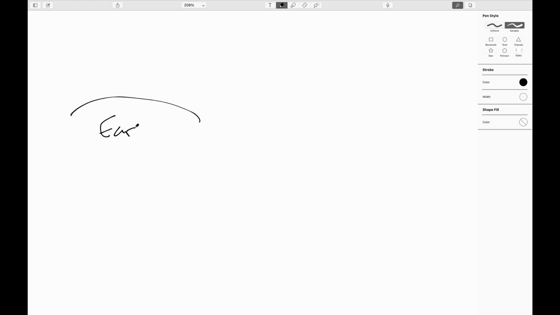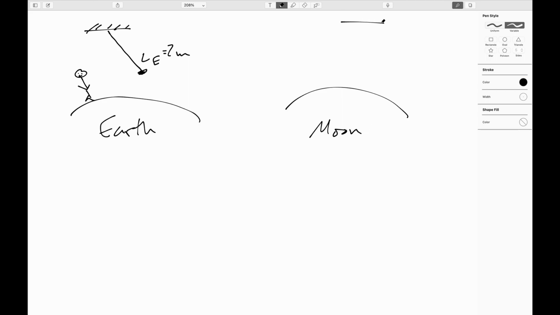So let's say here you are on the Earth. So the length of this pendulum bob on Earth is 2 meters. And when you build another one on the moon, we want to know how long should it be on the moon.